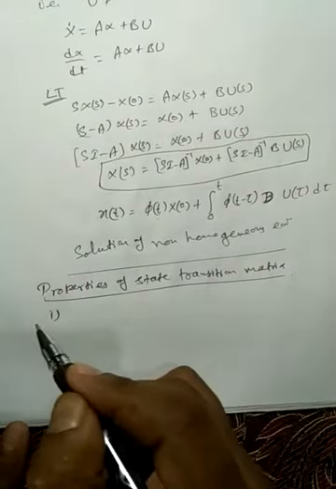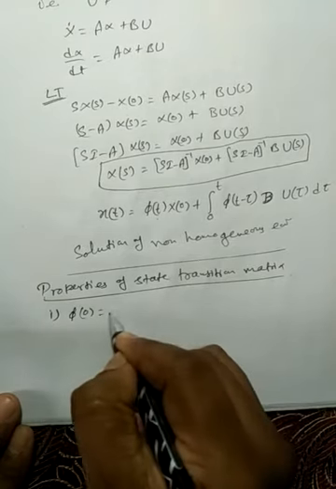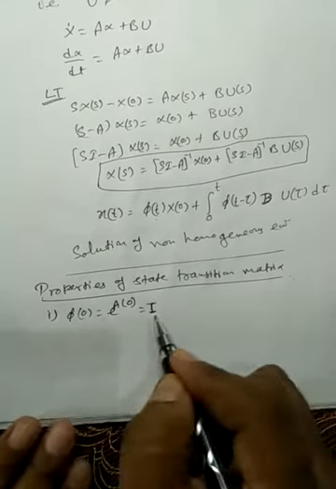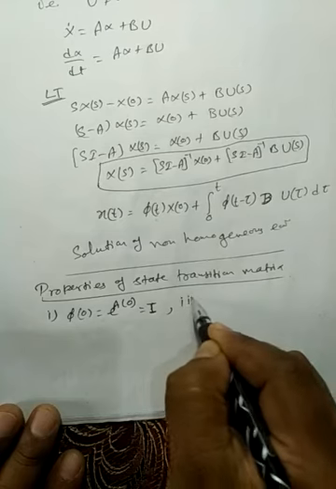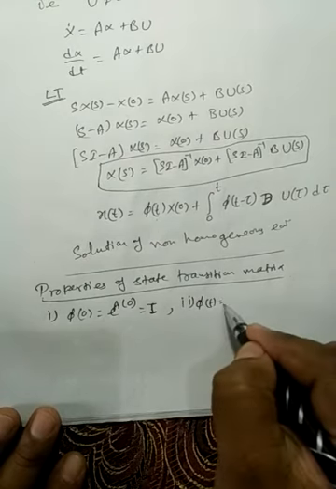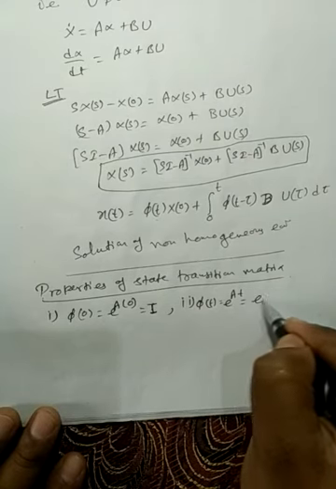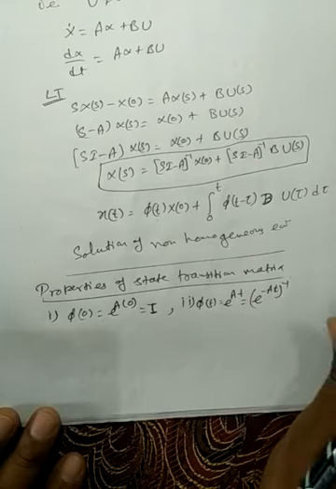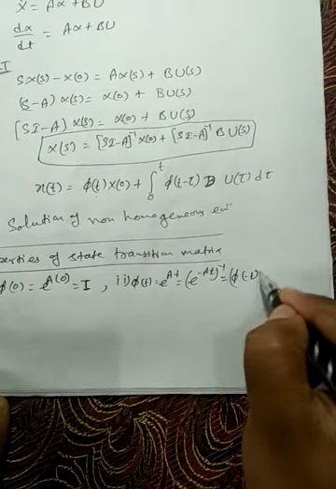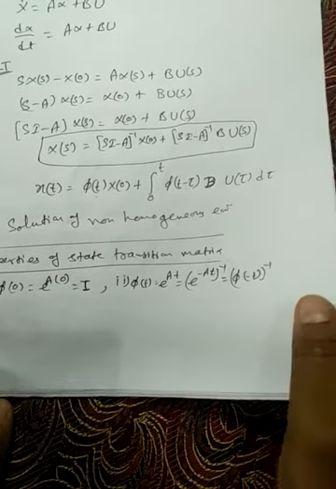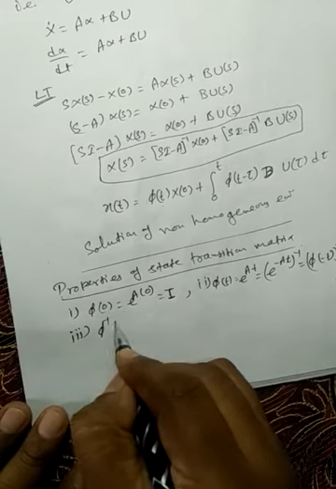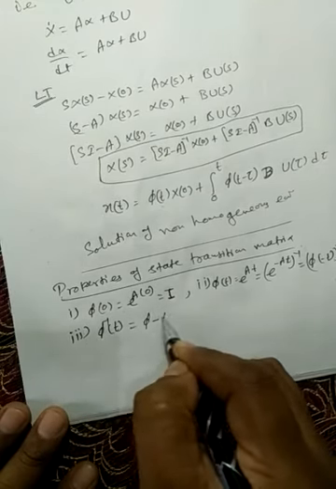First, phi(0) is equal to e raised to A times 0, so this is equal to 1, the identity matrix. Second, phi(t) is equal to e raised to At, which is equal to e raised to minus At inverse, or phi(minus t) inverse. Third is phi inverse(t) is equal to phi(minus t).